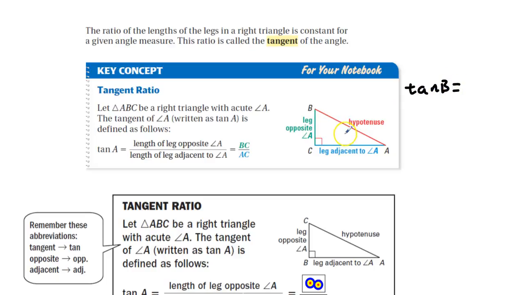That would be the opposite leg, which is the blue one, AC, the length of AC. And the leg adjacent to angle B is the leg that shares the vertex with angle B, one side of angle B, and it has to be the leg. That would be BC. So the tangent ratio for angle B is AC over BC. The tangent ratio for angle A is BC over AC.